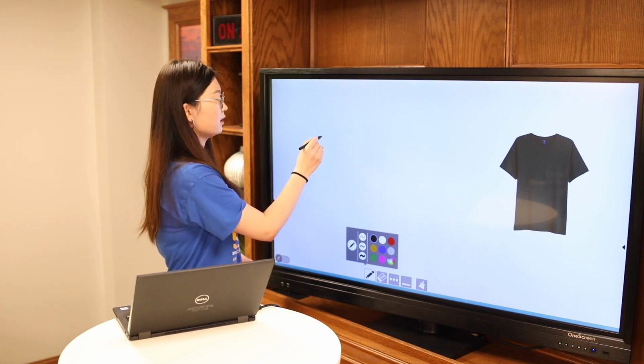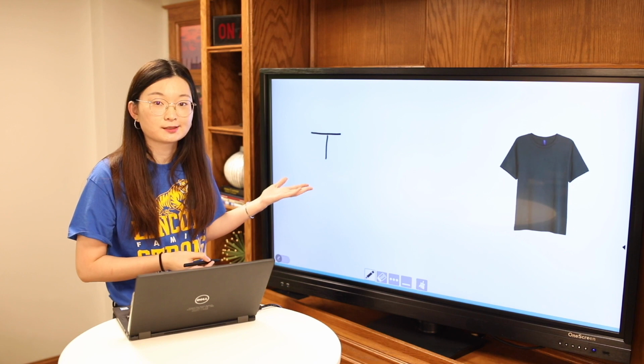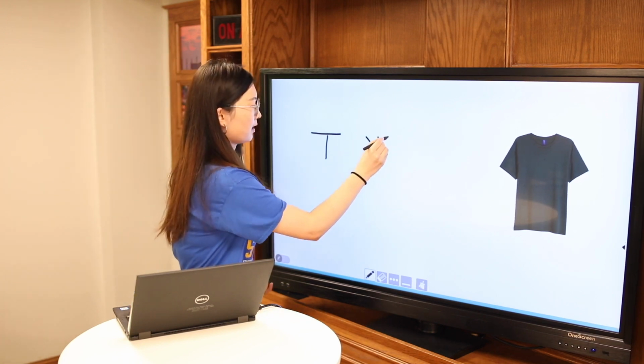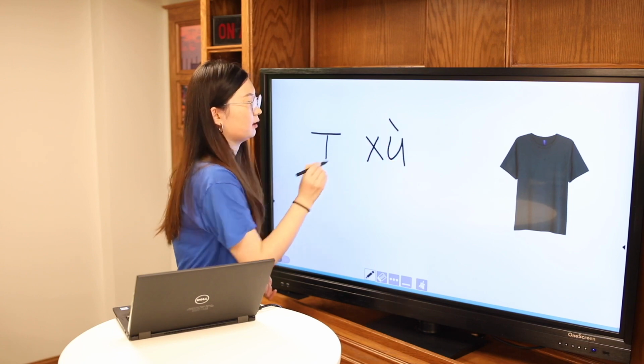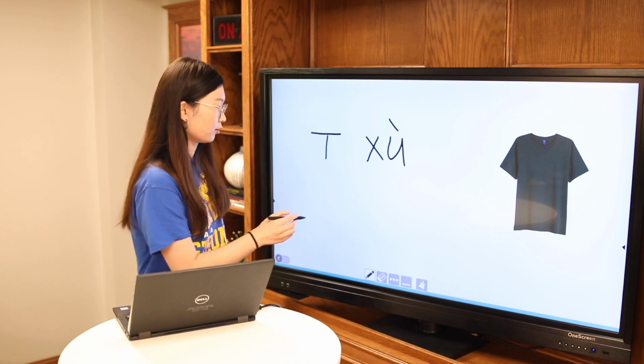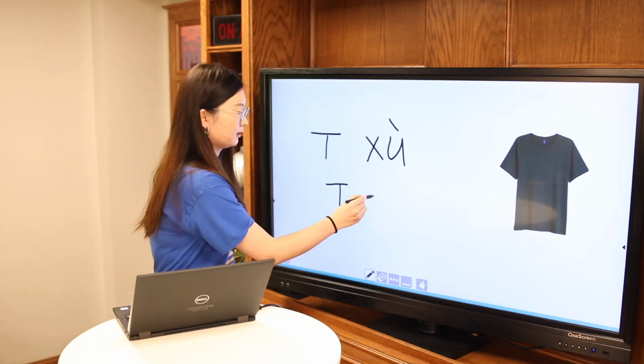So T-shirt. When you write T-shirt, the pinyin, we use just the letter T, okay? And then the pinyin for shirt, X, U, with a fourth tone on the letter U, and the character, so just letter T, and then shirt, write it together.